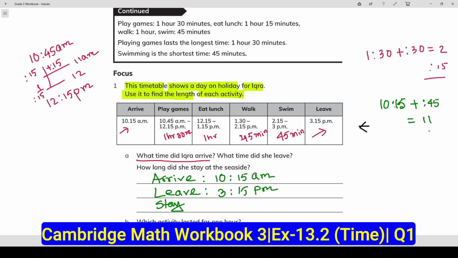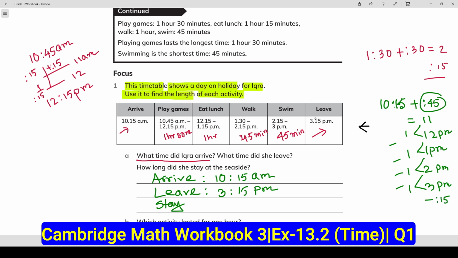So 11 to 12, 1 hour, 12 to 1 p.m., another 1 hour, 2 p.m., another 1 hour, 3 p.m., another 1 hour. So 1, 2, 3, 4, and here is 45 minutes and here is 15 minutes because 3:15.